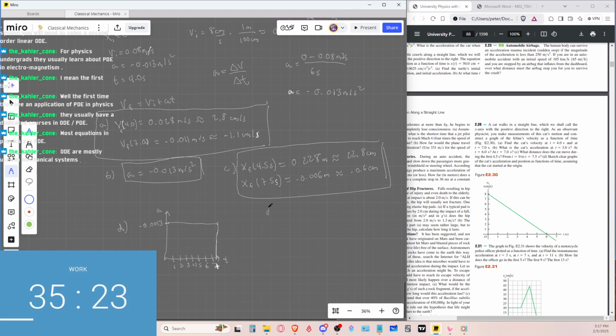Okay, for distance, 1, 2, 3, 4, 5, 6, 7. I really don't like drawing graphs, but I'm just going to draw as close as I can with it.